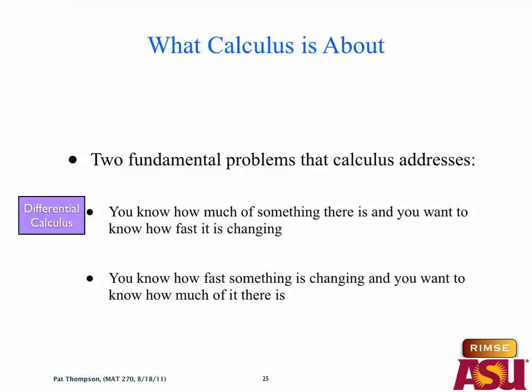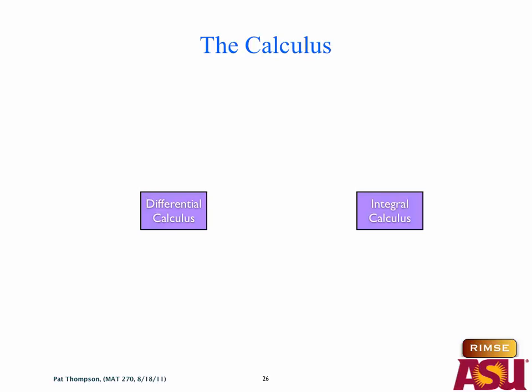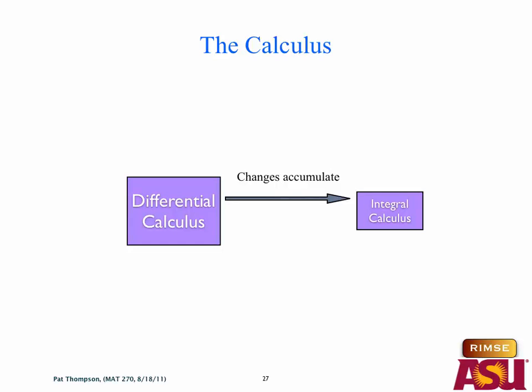The first one is called differential calculus. The second one is called integral calculus. They're really two sides of the same coin. In differential calculus, you know how much of something you have, and you want to know how fast it's changing. Well, those changes accumulate at a certain rate. That's what you're trying to find out.